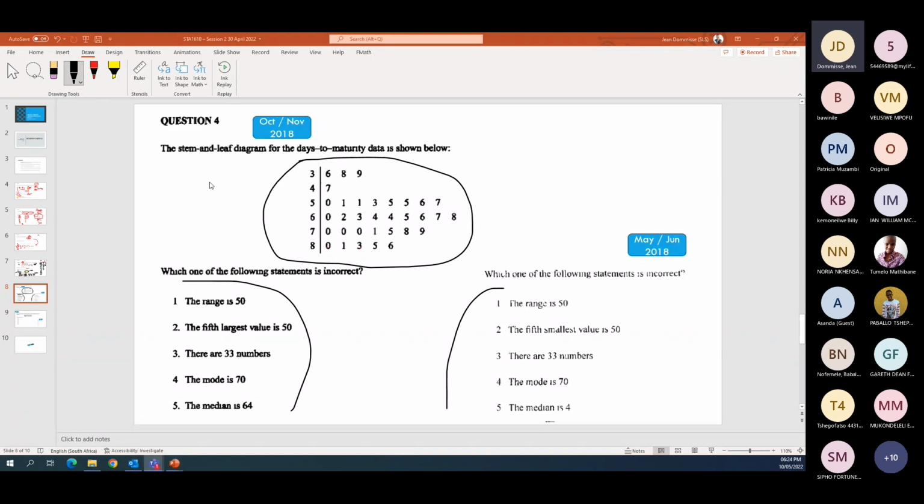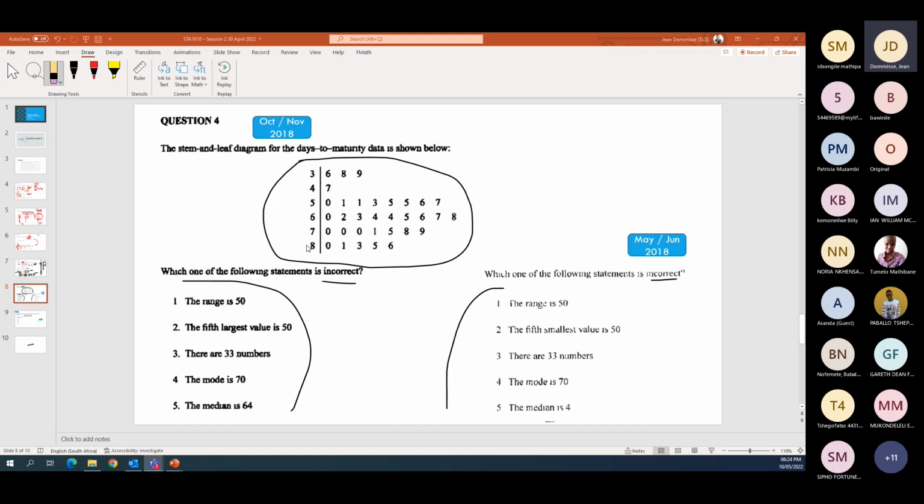So let's look at the question set. Which is incorrect? The first statement is that the range is 50. Again, how do we work out range? Maximum number minus the minimum. Let's see what the maximum is.